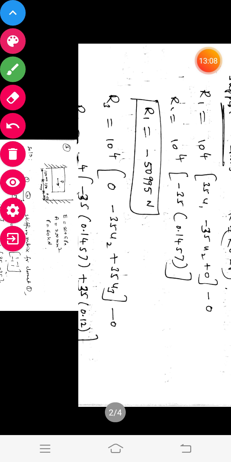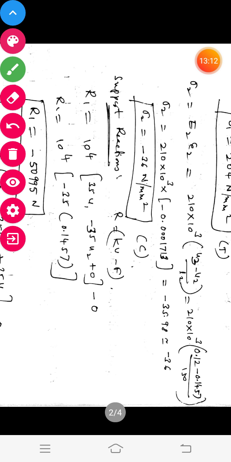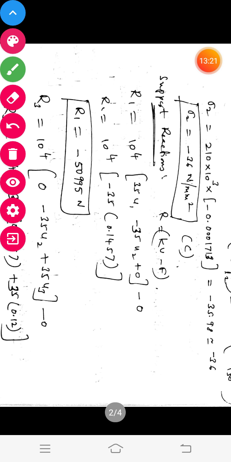Now proceed to the calculation of support reactions. Using the elimination approach, the support reaction R is given by R is equal to Ku minus F. Since both ends are provided with supports, node 1 with a support and node 3 with a support at a gap of 0.12 mm, calculate the support reactions at nodes 1 and 3, that is R1 and R3.